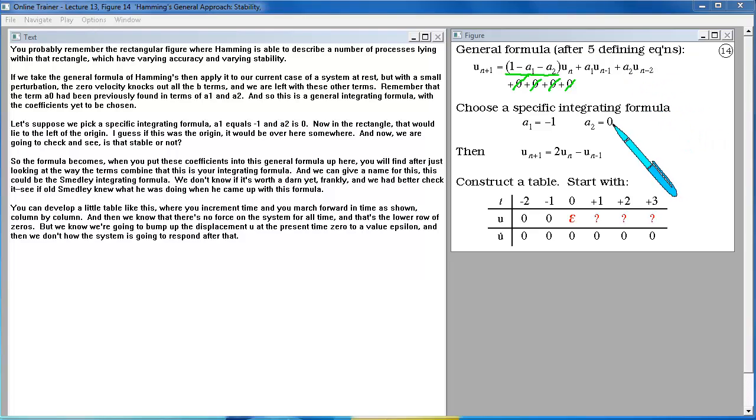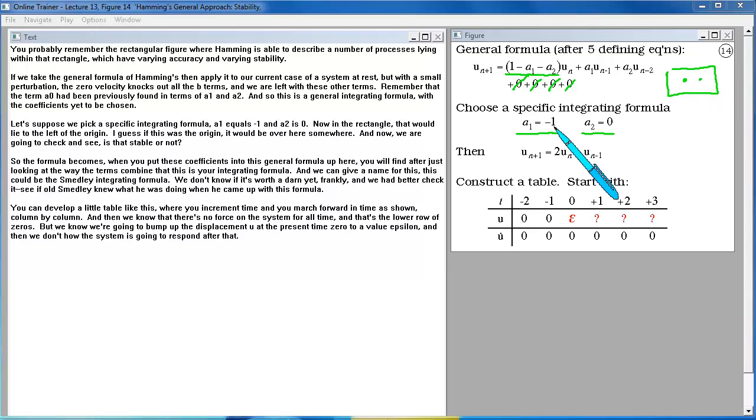Let's suppose we pick a specific integrating formula. A1 is -1 and A2 is 0. Now in that rectangle that would lie to the left of the origin. I guess if this was the origin it would be over here somewhere. And now we're going to check and see, is that stable or not?